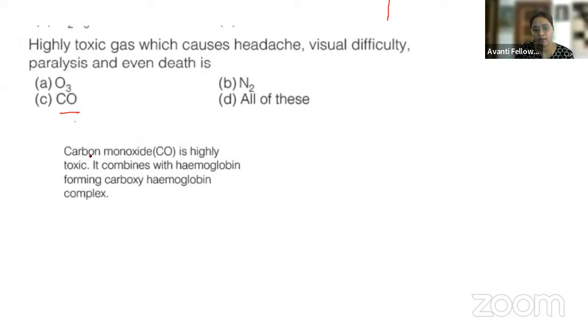It combines with the hemoglobin of human being and it forms carboxyhemoglobin complex. And this carboxyhemoglobin complex is very, very dangerous because when we do the respiration in the carbon monoxide environment instead of oxygen, hemoglobin starts to combine with the carbon monoxide.